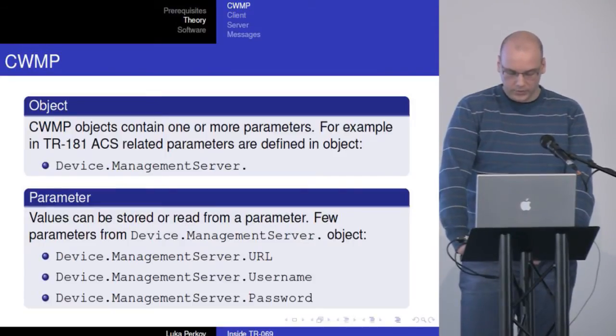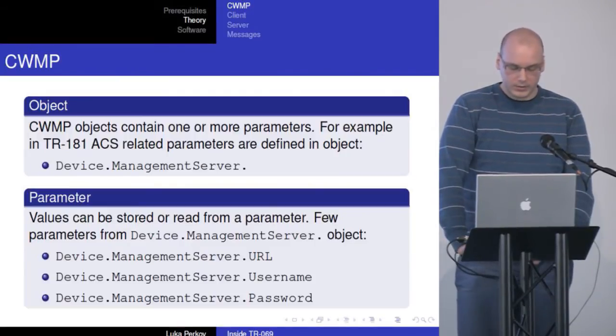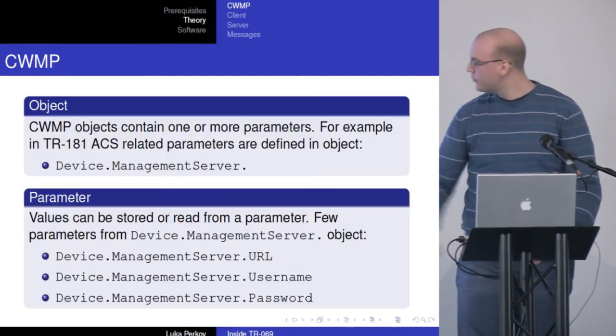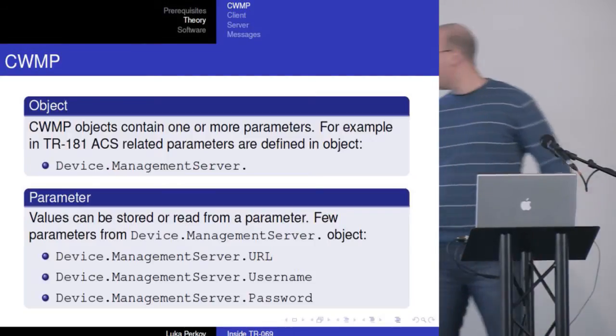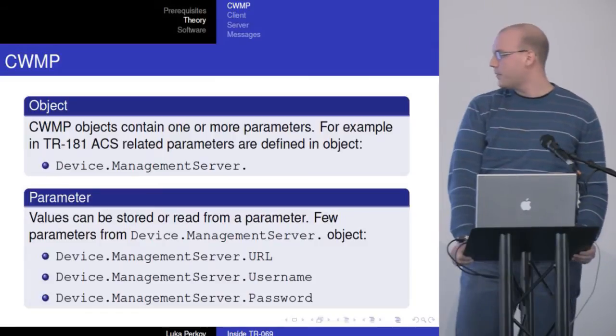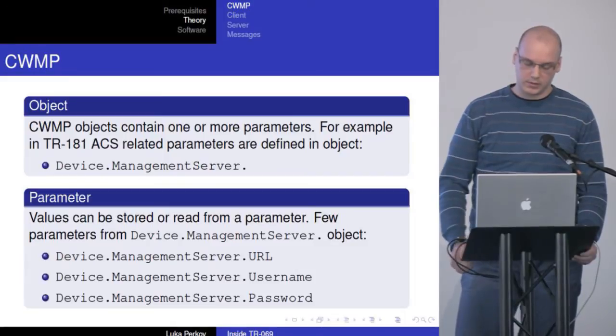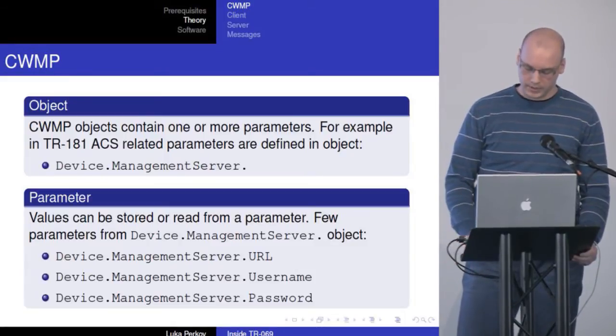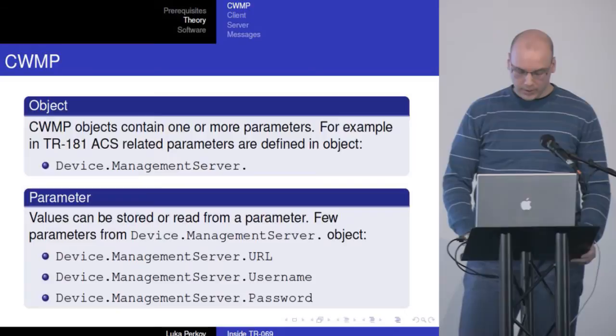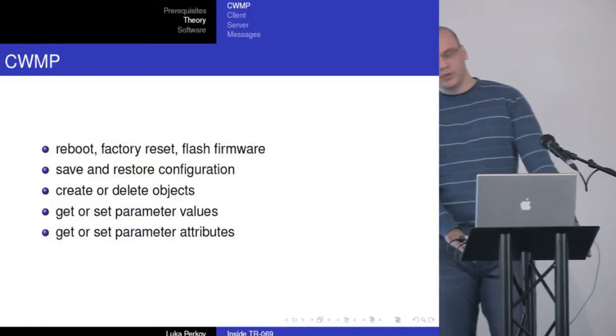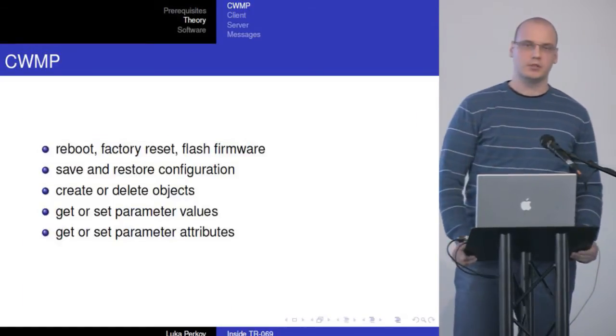Here are a few examples from TR-181. These three down here are for configuring the ACS URL and for configuring the username and password for accessing this URL via HTTP.